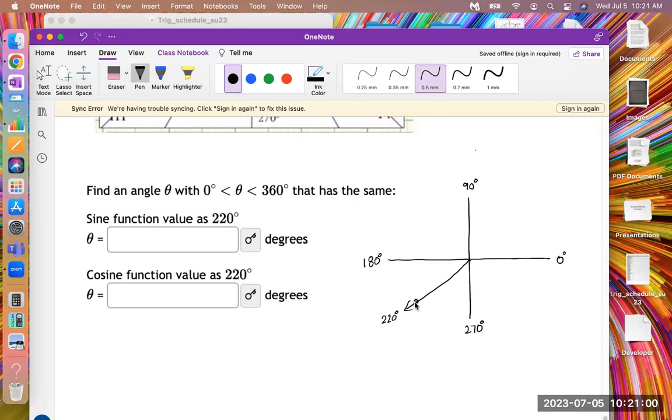And here's the point on the terminal side. The sine function is defined as the y-coordinate of that point over the radius. So this point on the terminal side is (x, y).